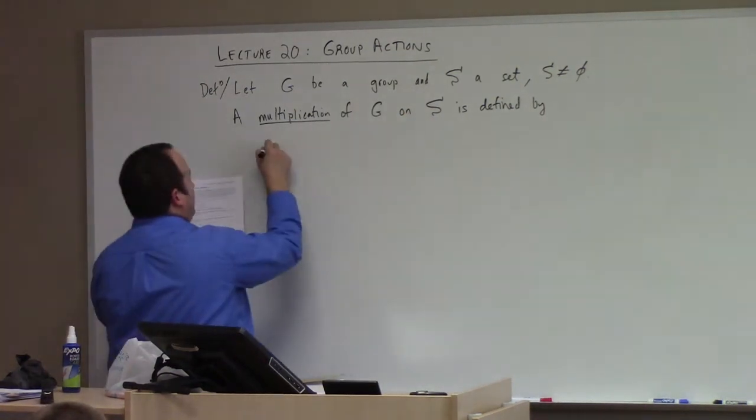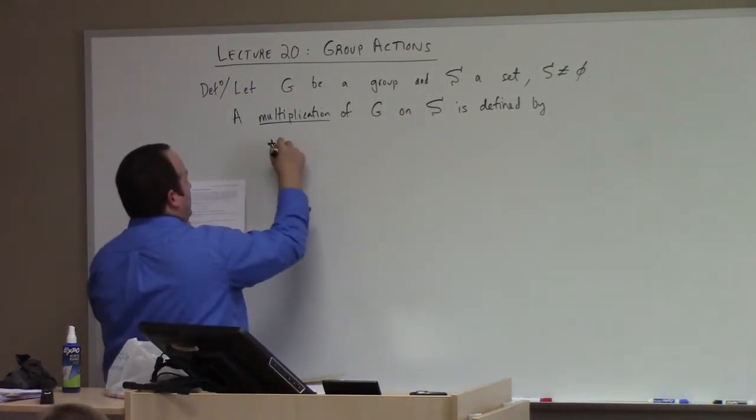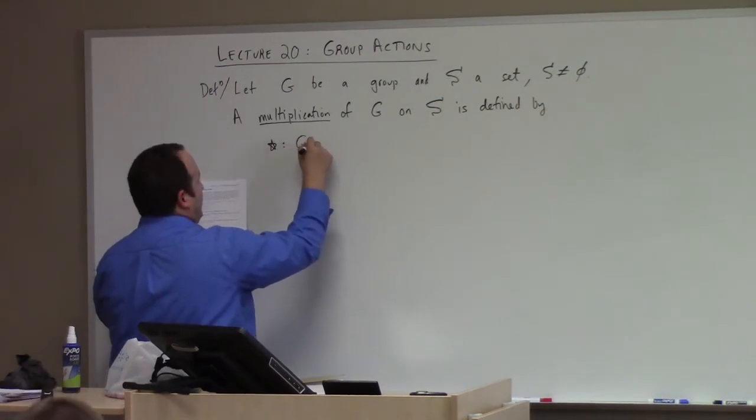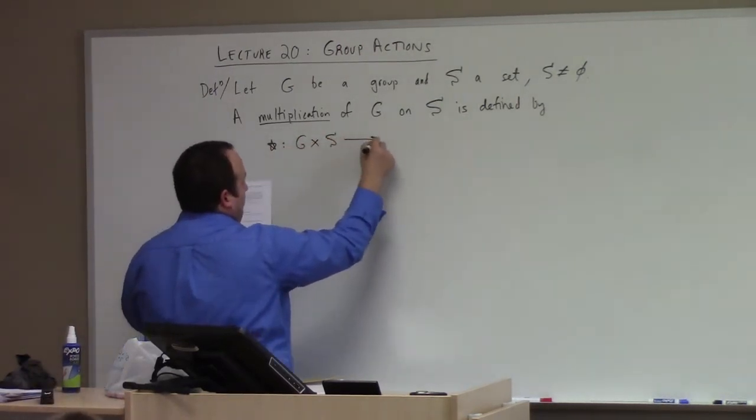I'm going to use a star for a little bit in here. It's a mapping from the Cartesian product of G and S to S again.